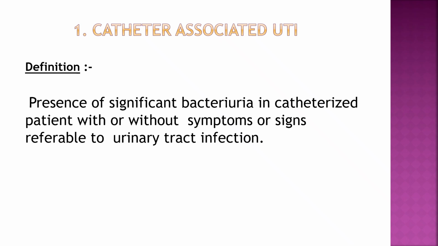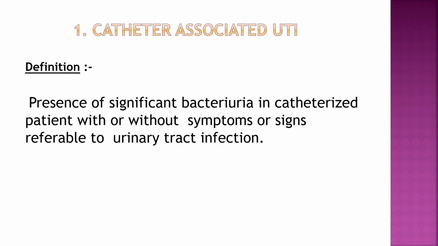First is the definition of catheter associated urinary tract infection. It is the presence of significant bacteriuria in a catheterized patient, with or without symptoms or signs referable to the urinary tract. Significant bacteriuria means the colony count should be more than 10 raised to 5 colony forming units on a blood agar plate, with or without symptoms.